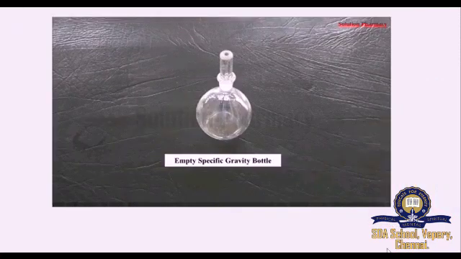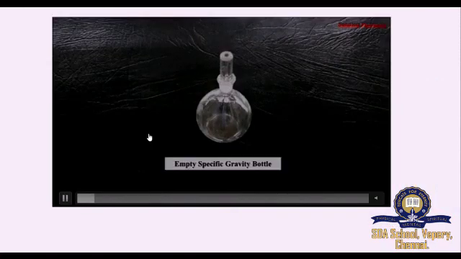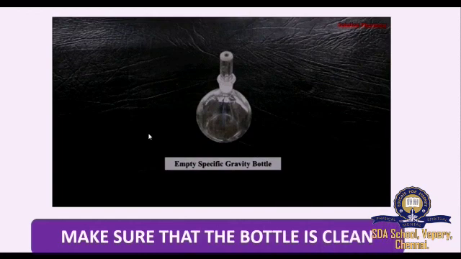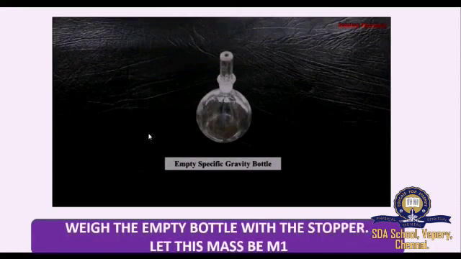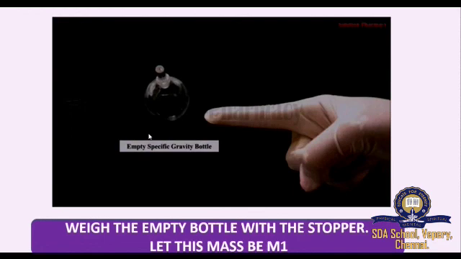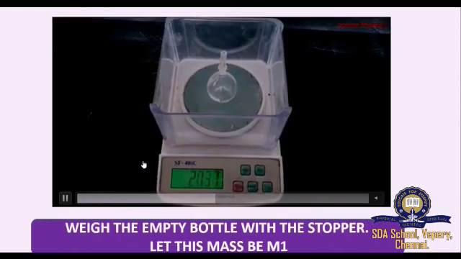So let us watch. So this is the empty specific gravity bottle. Make sure that the bottle is clean. Okay, then only the measurement will be right. The empty bottle with the stopper should be weighed. Okay, yes, they are weighing, right?